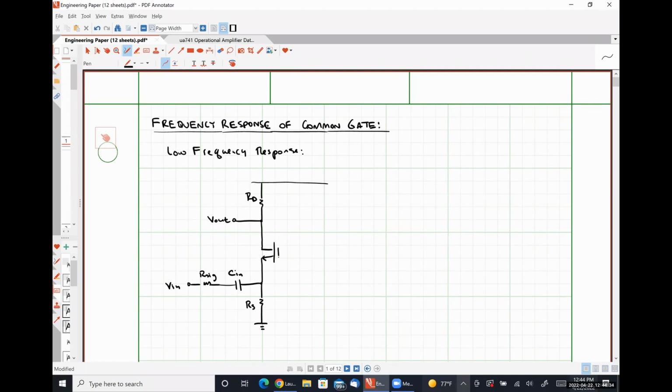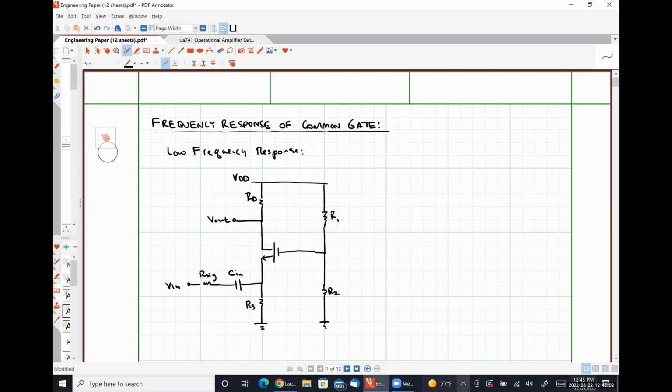And on the right-hand side of the circuit, we have a fairly straightforward resistor biasing network. Let's call this R1, this guy R2, and up here we will have VDD, okay?